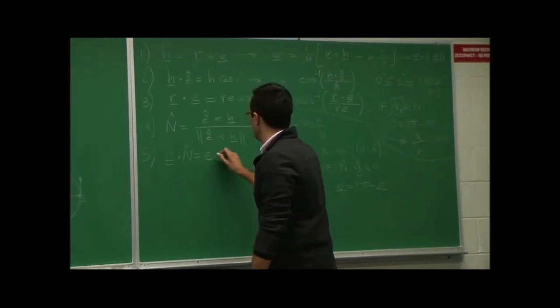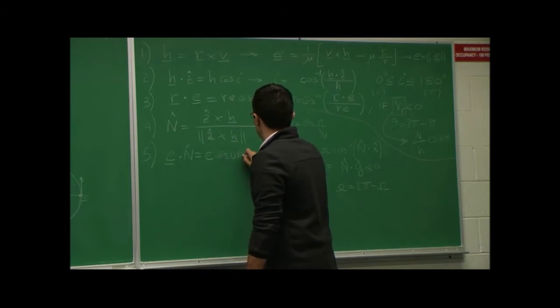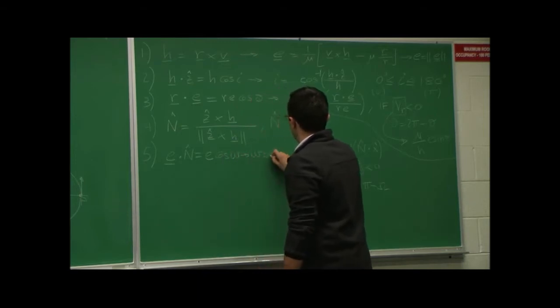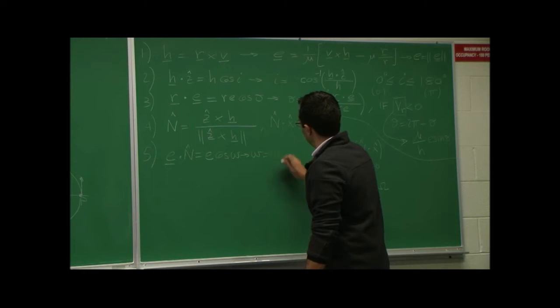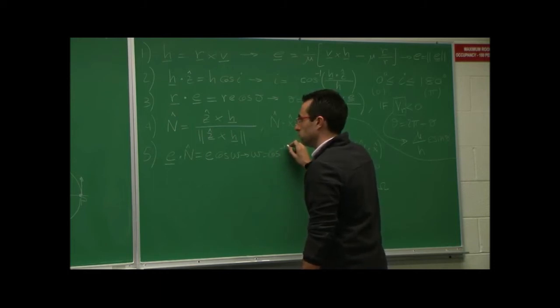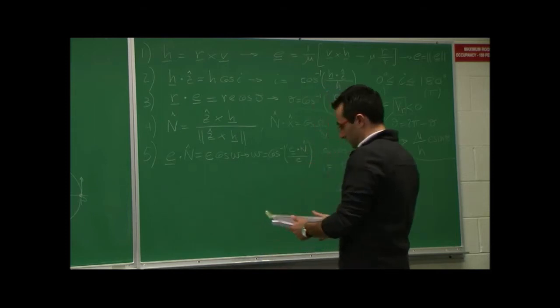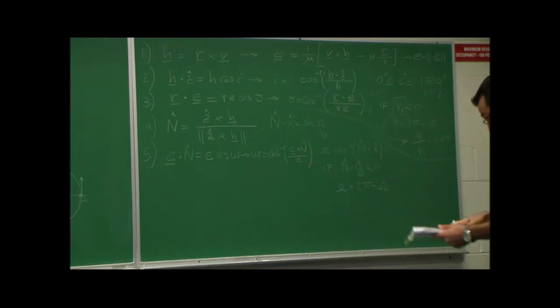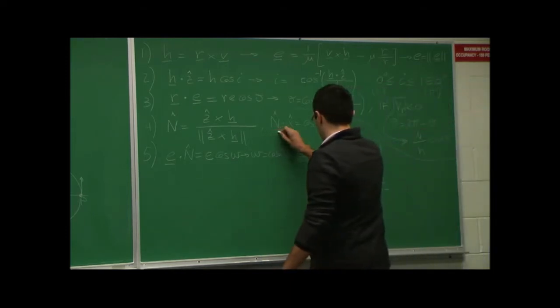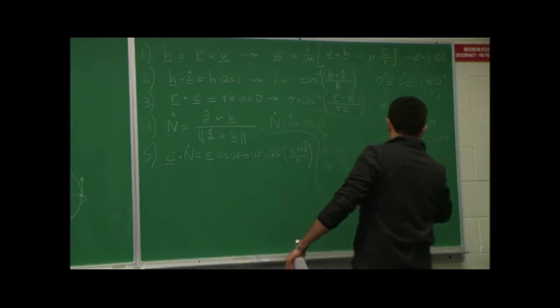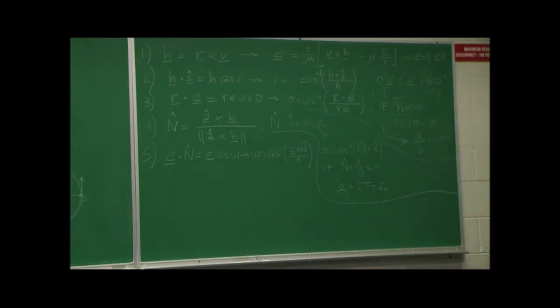N has magnitude 1, cosine of little omega, same story, little omega is an inverse cosine of e dotted with n, over the normalized e. I'm sorry about this thing getting a little extended on the side. There is another correction here, the same.